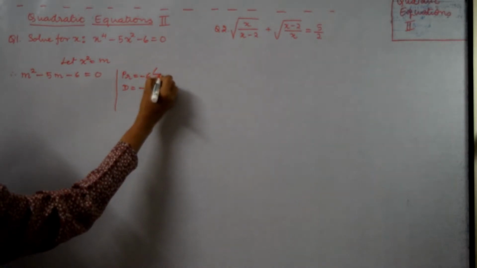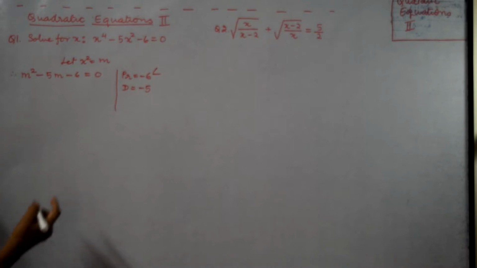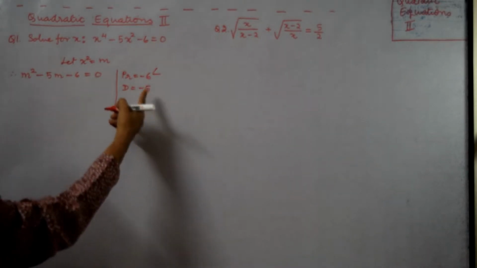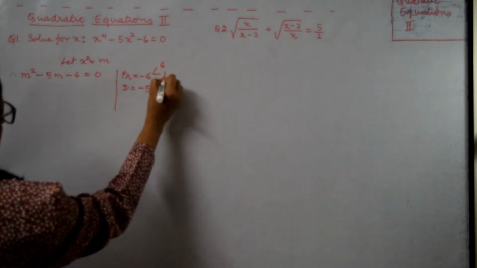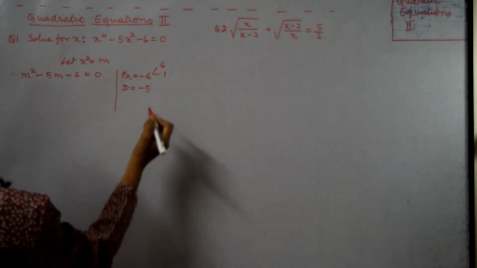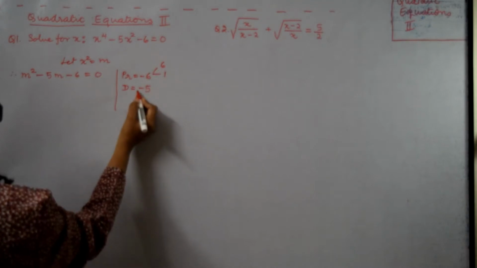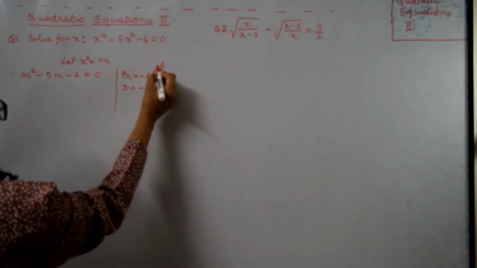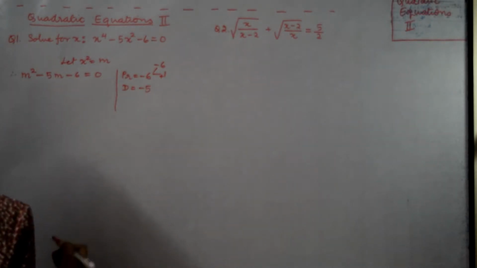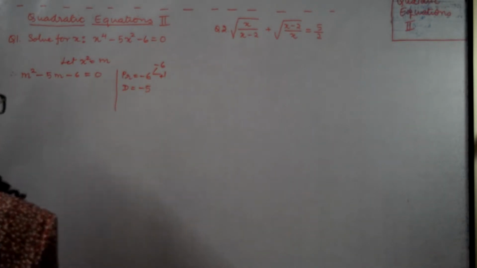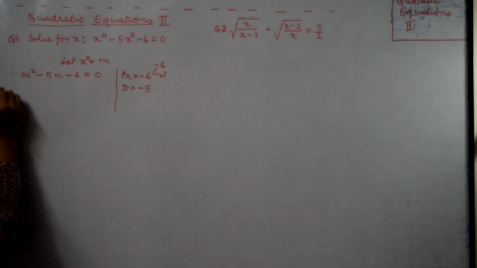So you are going to take the difference as minus 5, which means one of the factors is bigger than 5. So you will get the factors as 6 into 1, that is 6, 1, 6. And because the product is minus, you will have the factors having different signs, that is minus 6 and plus 1.